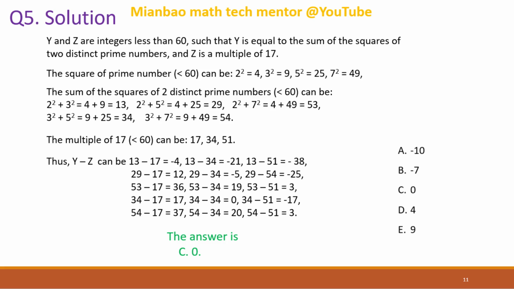The sum of the squares of two distinct prime numbers less than 60 can be either 13, 29, 53, 34, or 54. The multiples of 17 less than 60 can be either 17, 34, or 51. Thus, Y minus Z can be the numbers listed on this slide. The answer is C.